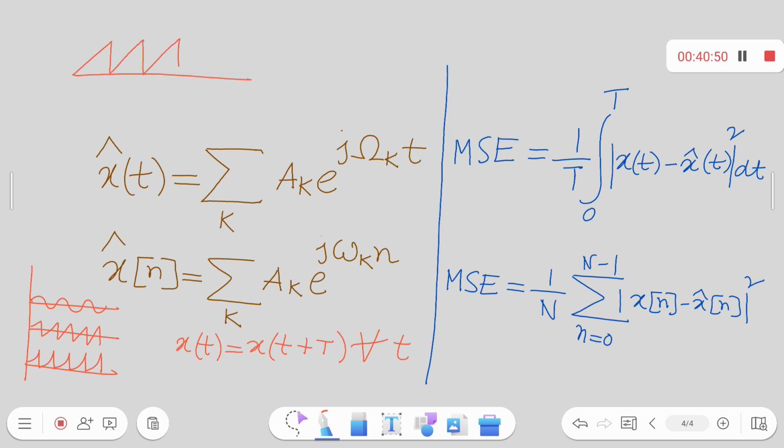This is one signal. This is T, this is 2T, this is 3T and so on. This is T by 2, this is T, this is 3T by 2, this is 2T. This is another signal.